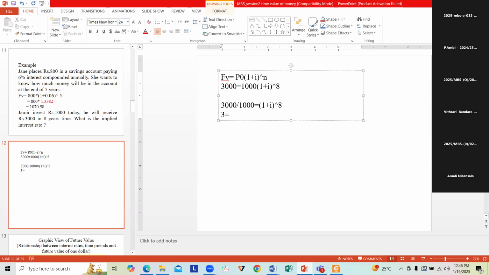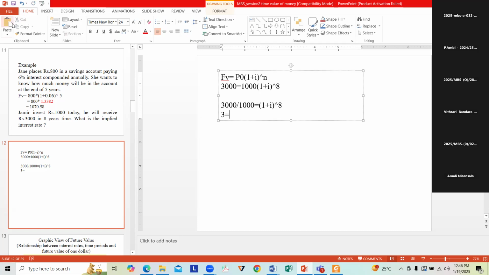So how can we write this? This 1 plus I power 8, 3 equal to this part. We can write it this way, right? Mathematically, this goes with the power.